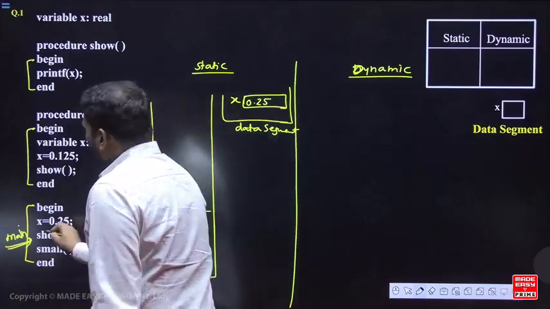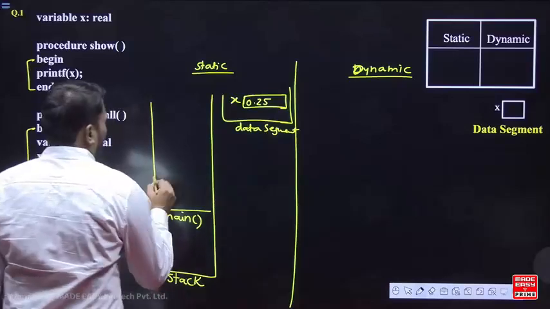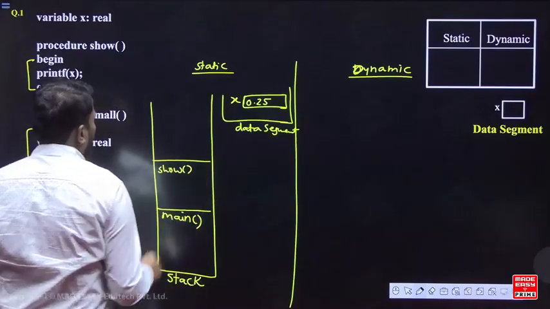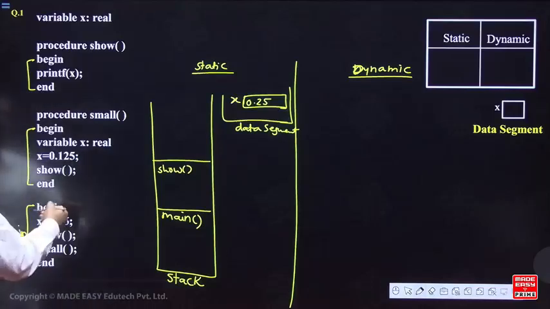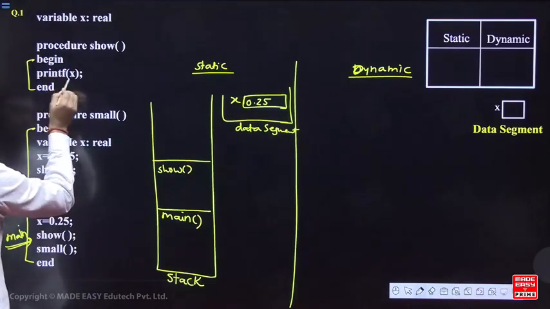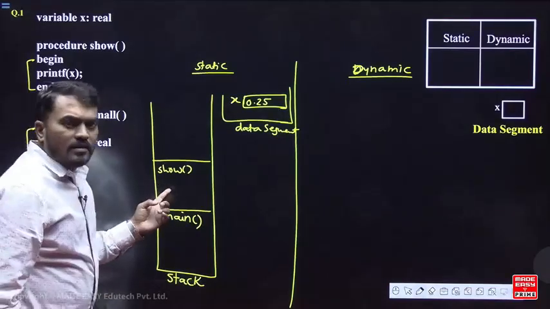Next you are calling the show function from main. The show function will be pushed into the stack. Coming here, in the show function you simply say printf x. Is x available in the show function?